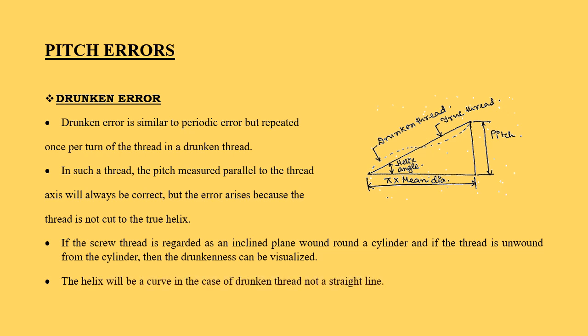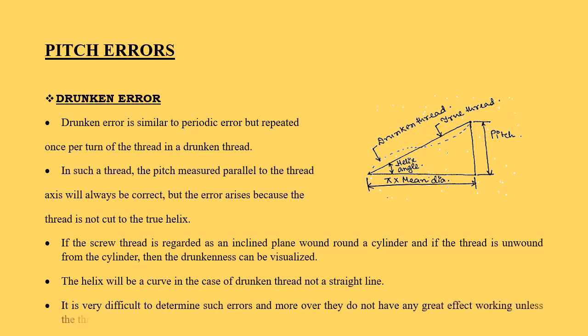The helix will be a curve in the case of a drunken thread, not a straight line. It is very difficult to determine such errors unless the thread is of very large size.